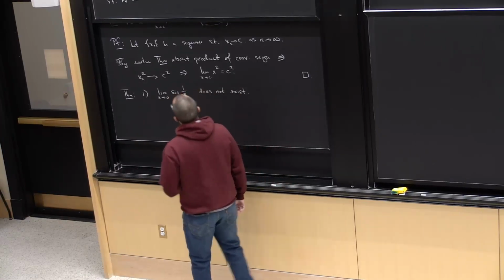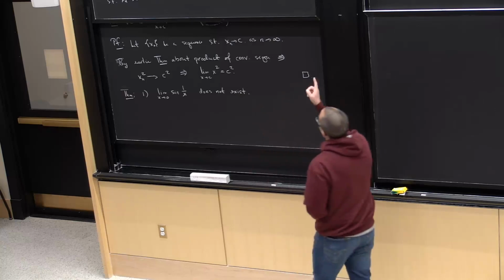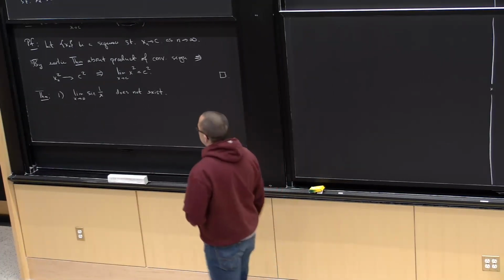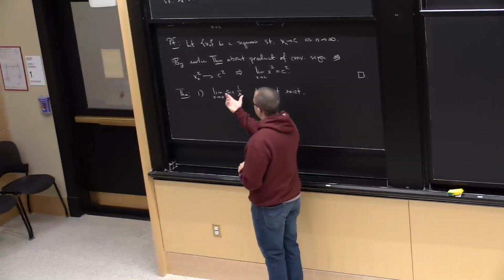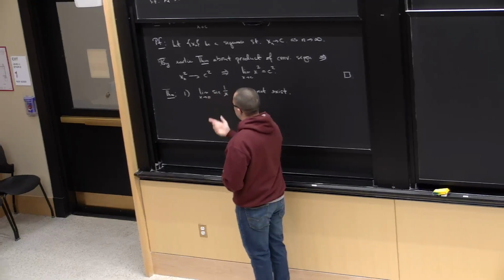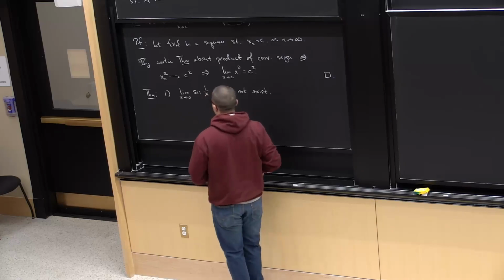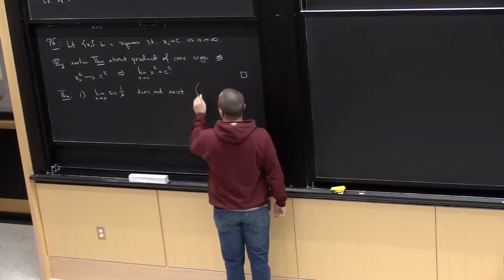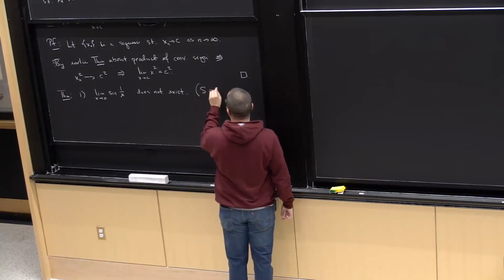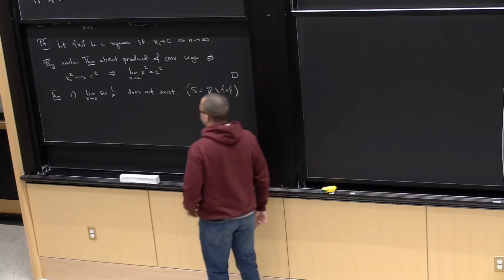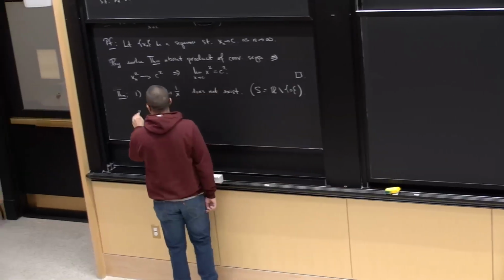So remember, for a limit, I look at all those points x that are close to c but not equal to c. All right, so this function, of which I'm taking the limit as x goes to 0, doesn't need to be defined at x equals 0 in order to consider the limit. And if you'd like, the function sine of 1 over x is defined on S equals R take away 0.